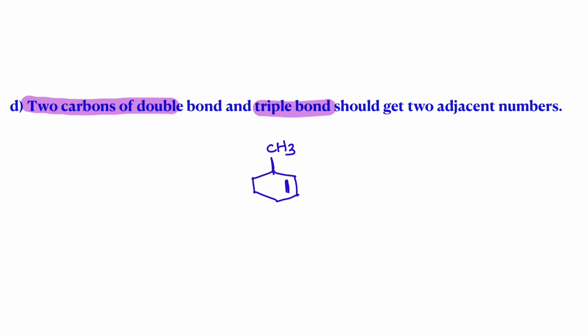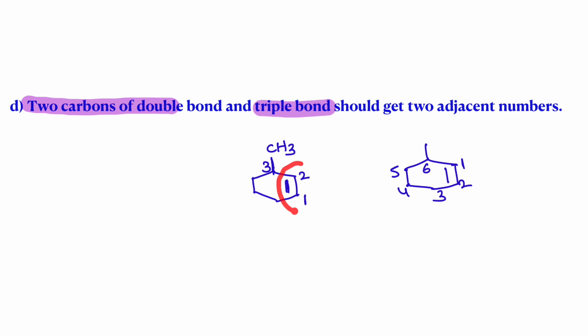In this longest chain, if you start numbering from this, 1, 2, 3, so that is one possibility. And if you start from this, 1, 2, 3, 4, 5, 6, however the functional group carbon, that is the double bonded carbon, is getting first priority, here also first priority.